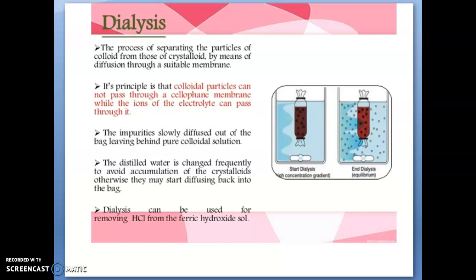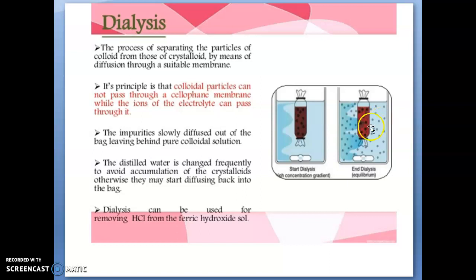The membrane used here is mainly cellophane, and the colloidal solution is filled in this cellophane membrane and kept in a beaker containing water.